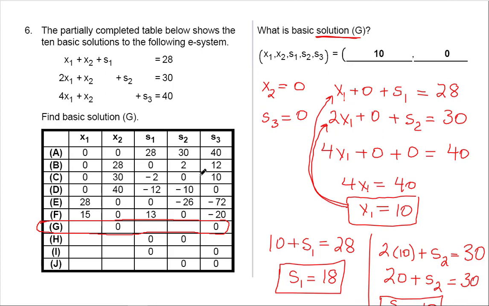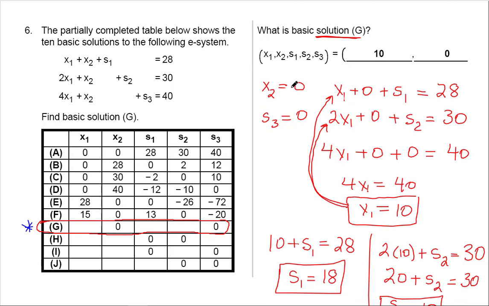All right, in question 6, we have 3 slack variables, 3 sets of equations. They've listed for us all the basic solutions. We're interested in G, just in G. So we need to figure out what is x1, s1, s2, given that x2 and s3 are 0.